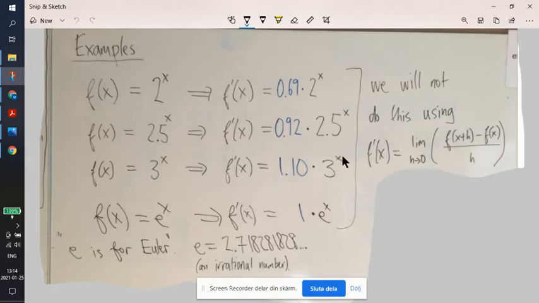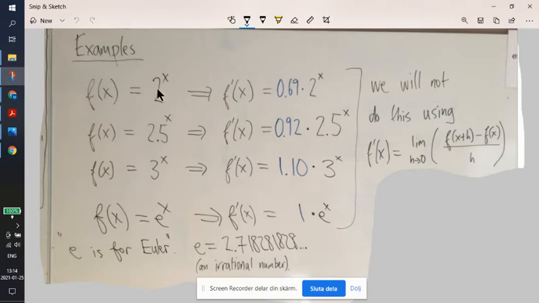Okay, so you can do this with any expression of the form a to the x. When we differentiate this a to the x, we always get this a to the x here, but we also get this extra multiplier, this extra coefficient here.